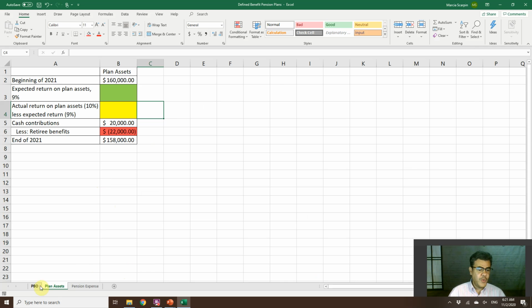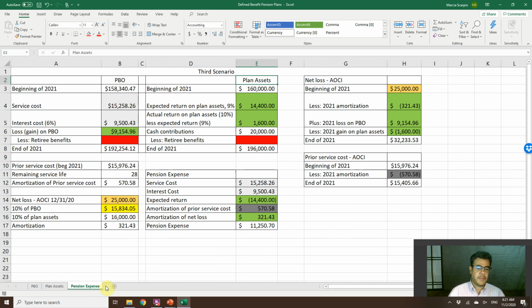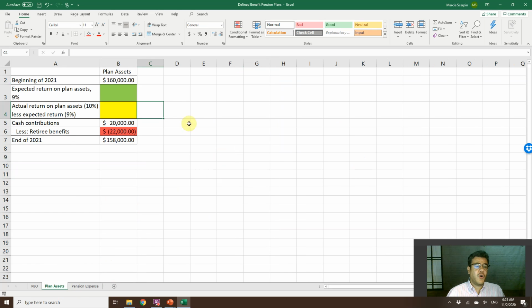In the Excel file here, we have the PBO, we have the plan assets, pension expense, and you already have a new sheet called journal entries that will be in the next video of our series about journal entries. So what do we have here on plan assets?